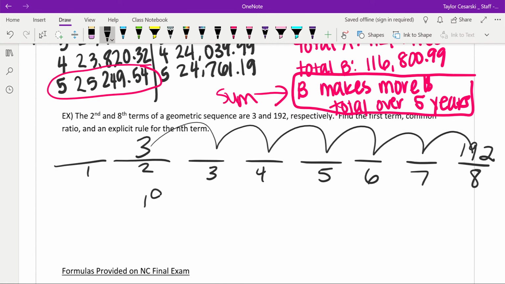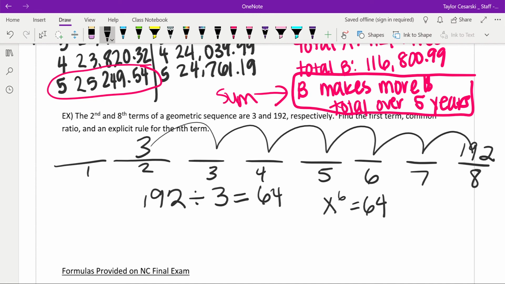So first of all, I'm going to divide 192 divided by 3, and I should get 64. So some number multiplied by itself 6 times. So how do I represent that? That's going to be x to the 6th power equals 64. Okay, because it's the same number multiplied by itself every single time.